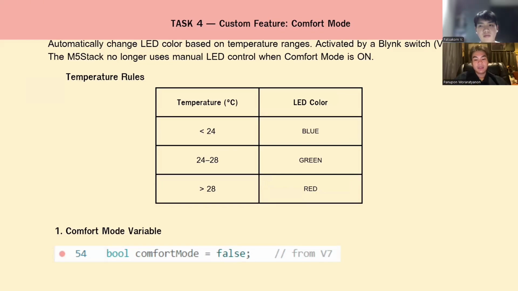If the temperature is below 24 degrees, the function returns 3, which corresponds to blue. Between 24 and 28 degrees, it returns 2, which is green. And above 28 degrees, it returns 1 for red. This makes the LED behave like a temperature indicator.